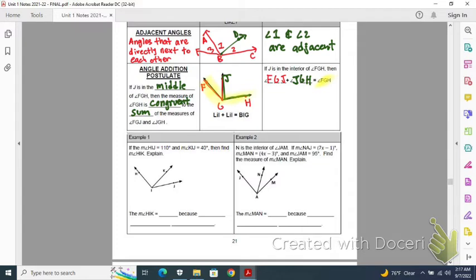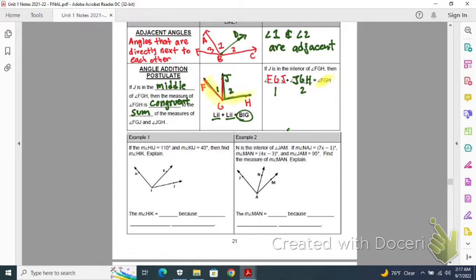And keep in mind, FGJ and JGH are also adjacent angles. You can tell after I label angle 1 and angle 2, that's the same thing as FGJ and JGH. A way to remember is little plus little is going to give you a big angle.